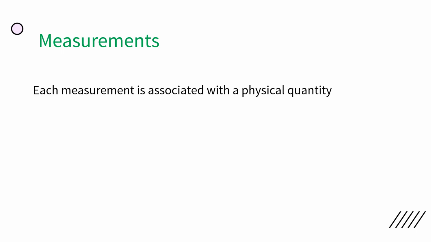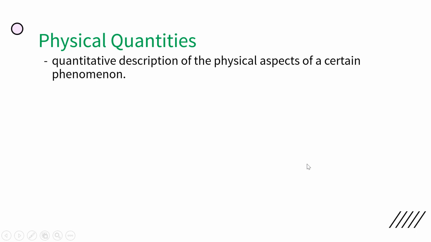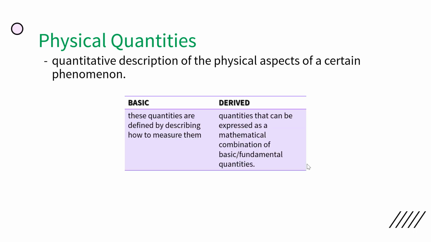And each measurement is associated with a physical quantity. So physical quantities are quantitative description of the physical aspects of a certain phenomenon. And these quantities can be classified as basic or derived. So basic quantities are quantities that are defined by describing how to measure them. And derived quantities are quantities that can be expressed as a mathematical combination of the basic quantities.